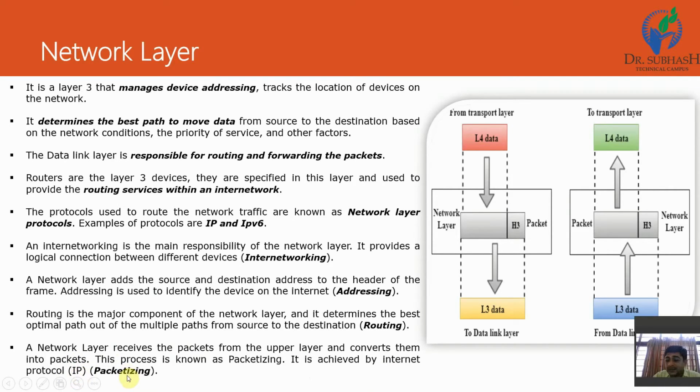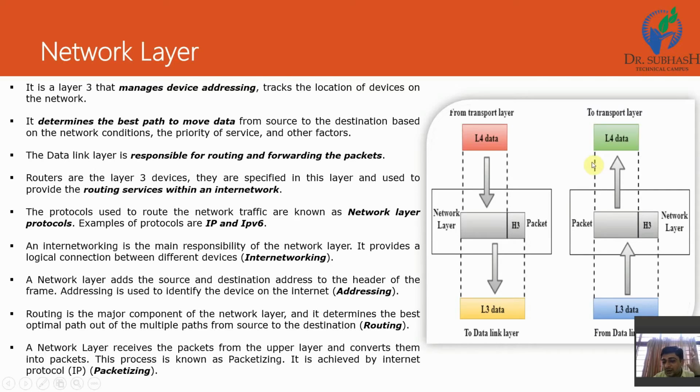That is packetizing. So the network layer mostly deals with maintaining logical connectivity. It uses IP protocols. It deals with internetworking, addressing, routing, as well as packetizing.